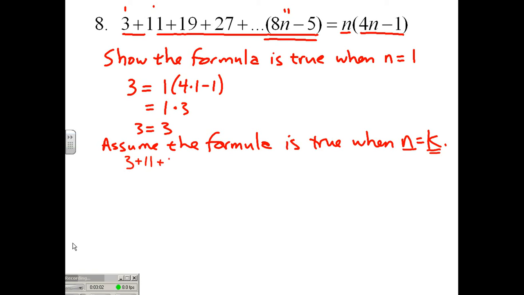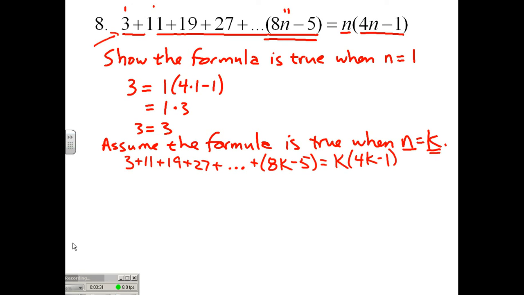3 plus 11 plus 19 plus 27 plus dot, dot, dot, plus 8k minus 5 is k times 4k minus 1. And you may say, well, that's exactly like our original equation, except k is in place of n. Visually, you'd be accurate, but mindset-wise, not so much.